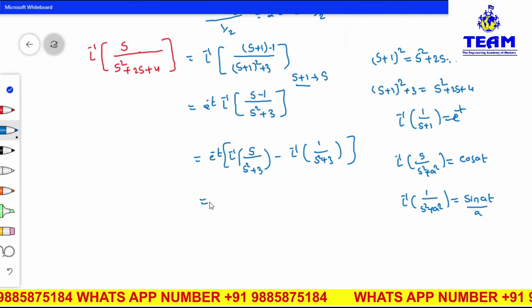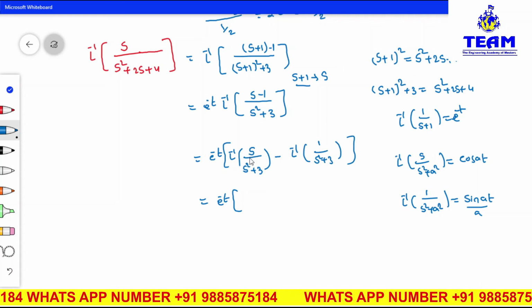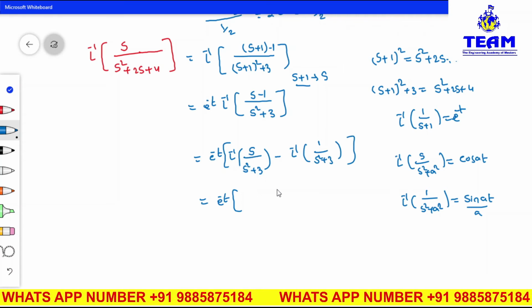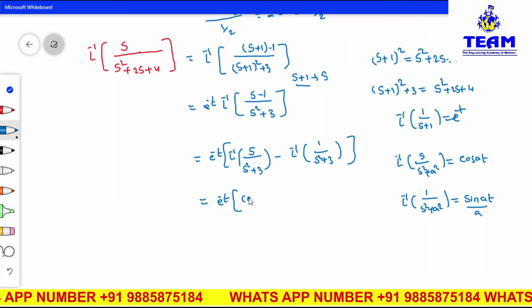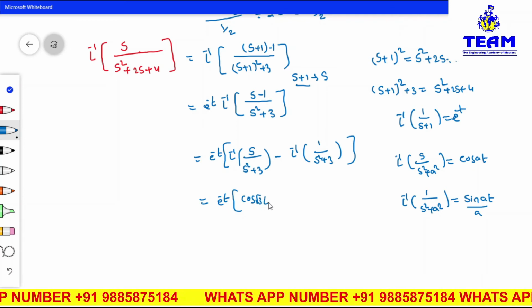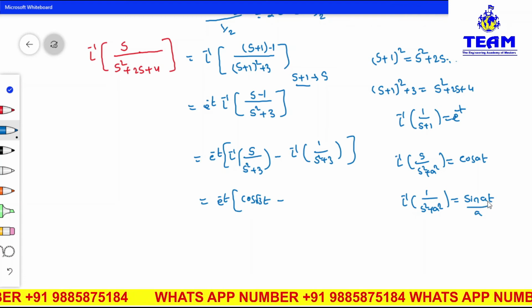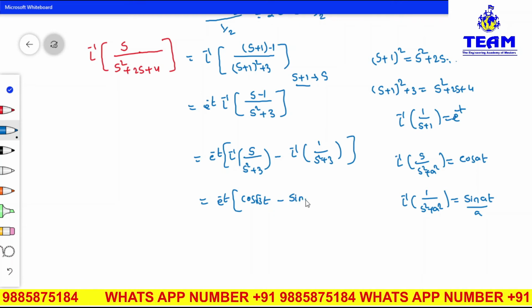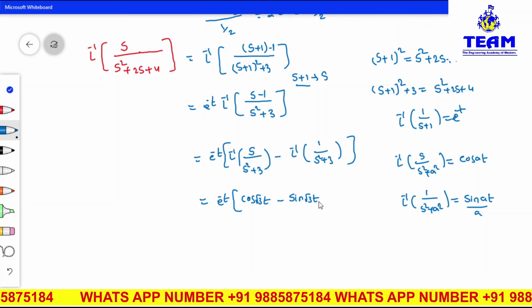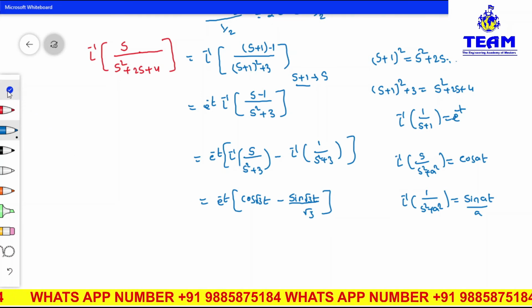So friends, you see, this is e power minus t into L inverse of s by s square plus 3. What can I write? Cos at, a is equal to root 3. So cos root 3 into t, minus, this is the 1 by s square plus a square form. So what do I have to write? Sin at by a. What is a? Root 3. So sin root 3 t by root 3. Is it clear, friends? Next problem.